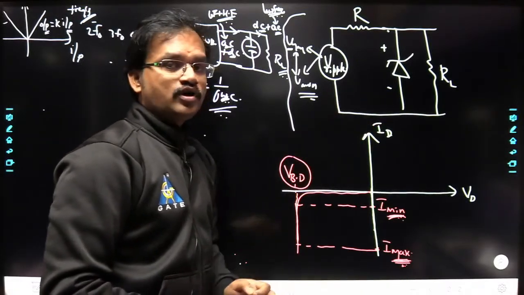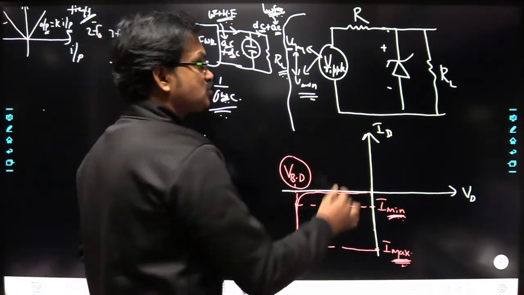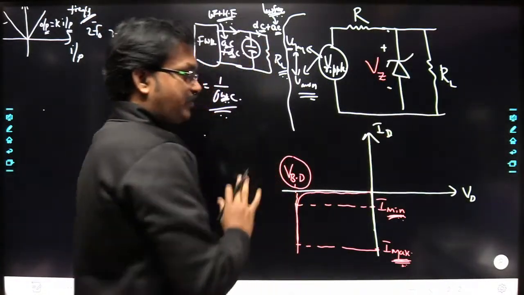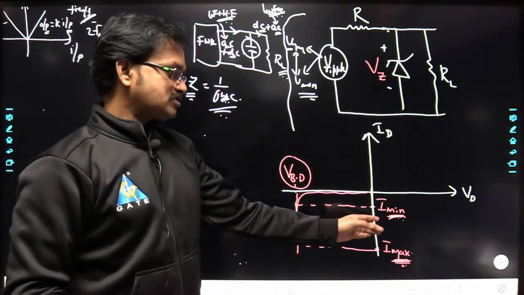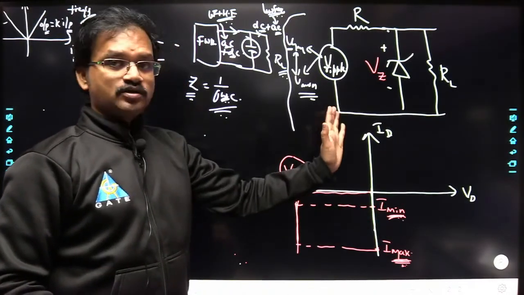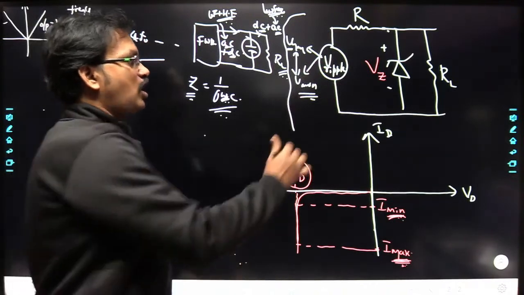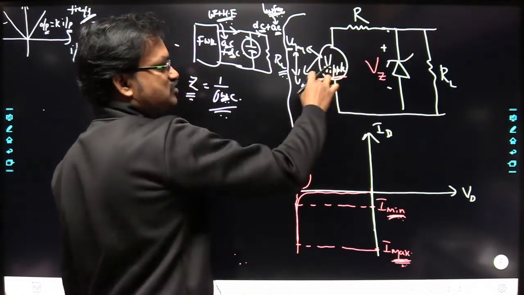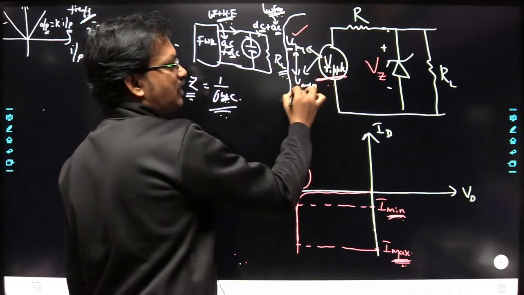So that is the beauty of this Zener diode. But you have to operate this Zener diode always in what? Always in breakdown region. So why are we getting the fluctuations in current in the circuit? Whenever the ripple voltage is applied, this voltage is fluctuating between V maximum and V minimum.